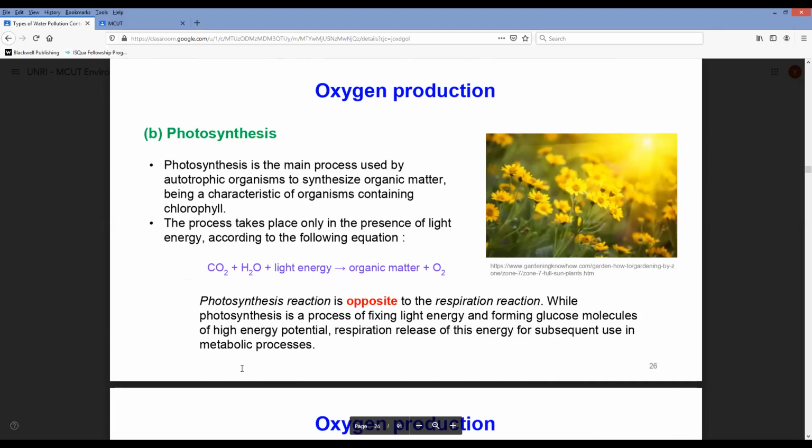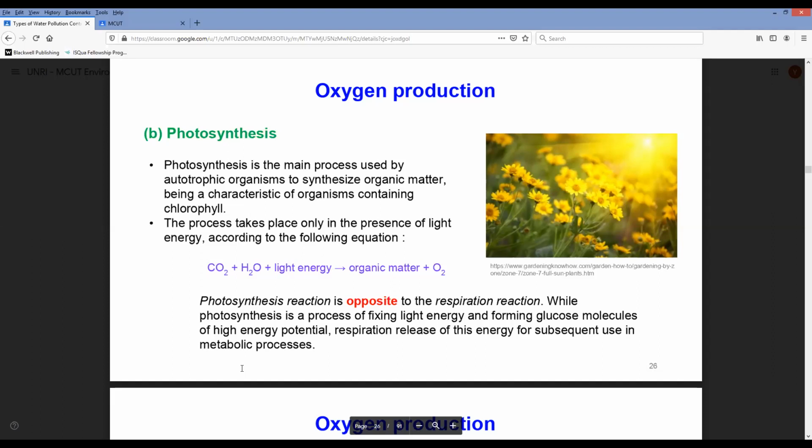Okay, so for oxygen production, the other one is photosynthesis. Photosynthesis is the main process used by autotrophic organisms to synthesize organic matter, being a characteristic of organisms containing chlorophyll. The process takes place only in the presence of light.